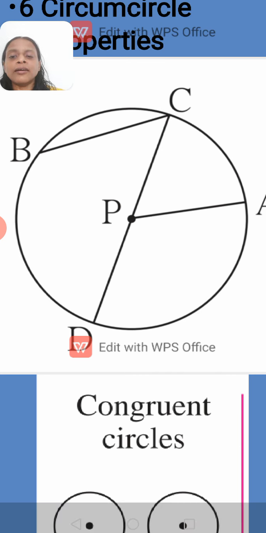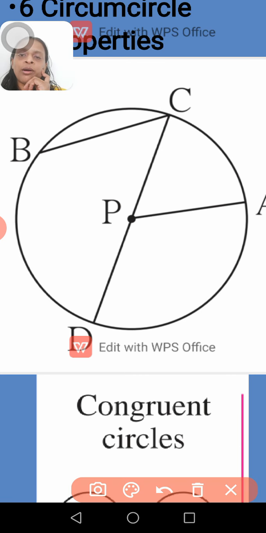What is this line segment known as? If any two points on a circle are joined together, then that line segment is known as a chord, C-H-O-R-D. The chord of a circle is nothing but the line segment joining any two points on a circle.